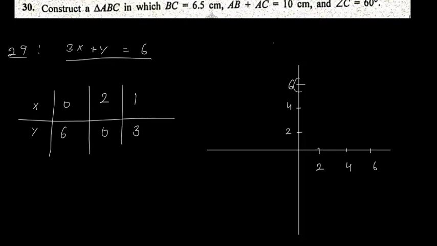So this is the point. Second point is 2, 0. So along x-axis 2, along y-axis 0. So this is the point. And third point is 1, 3. So 1 is here and 3 is somewhere here. So third point is this. So now we can see that a line passes through these 3 points. So let us draw a line which passes through this 6 and then goes through this point.